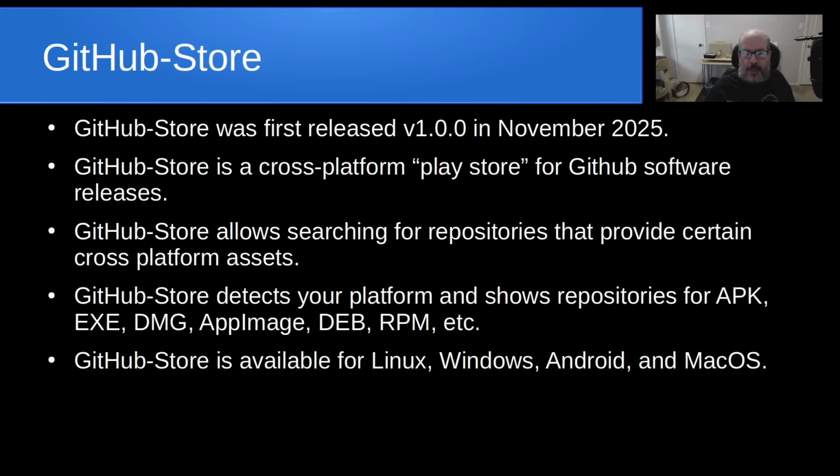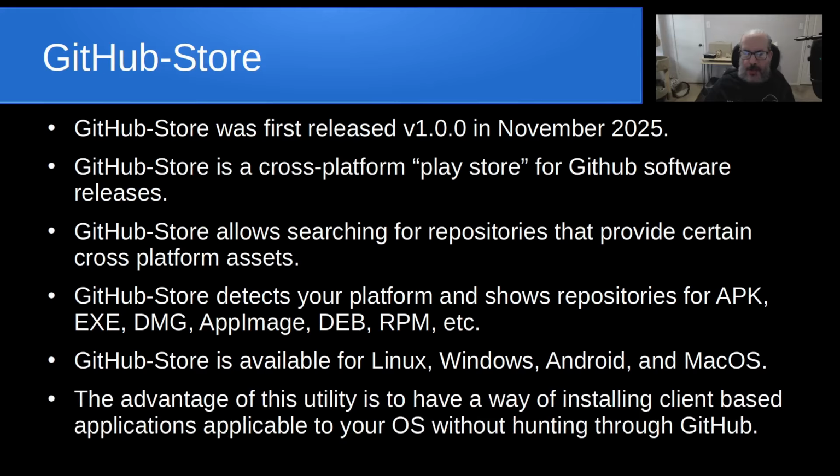GitHub-Store is available for Linux, Windows, Android, and macOS. It's not yet available for iOS, and I know that's something they're working on. It's probably more difficult because of the restrictions involved with iOS.